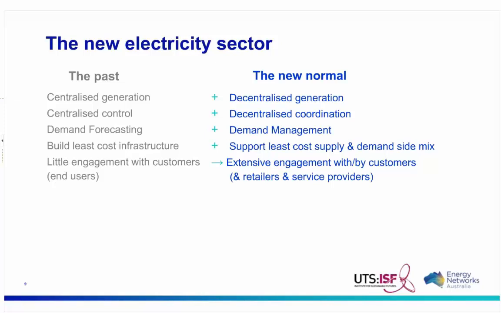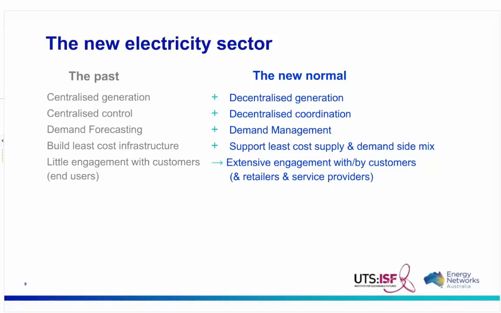Whereas in the past, it was a lot about forecasting demand and then building to meet that demand. Now it's equally about managing that demand when we match supply and demand. Whereas in the past it was, okay, we've established how much capacity we need, how do we build the least cost infrastructure? In the future, it's much more about how do we get a least cost mix of supply and demand side resources, including those resources I was just talking about a few minutes earlier.